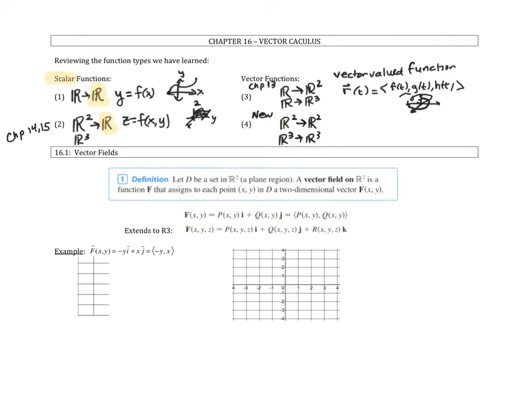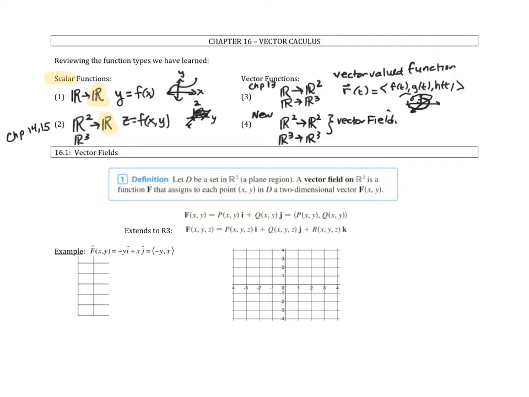There are functions that go from R3 to R2 or R5 to R6. There's all those possibilities. These are just the only ones we're going to look at. And this type of function is called a vector field. That sounds like a strange name for a function, but you'll see why in a moment that it has that name.